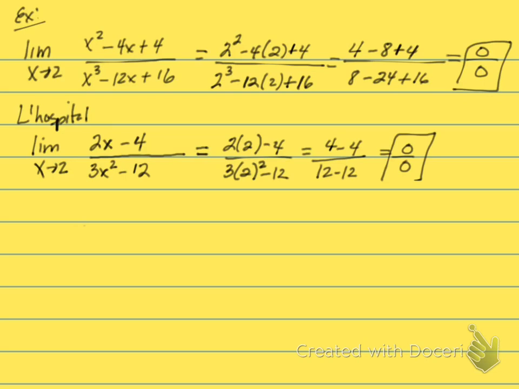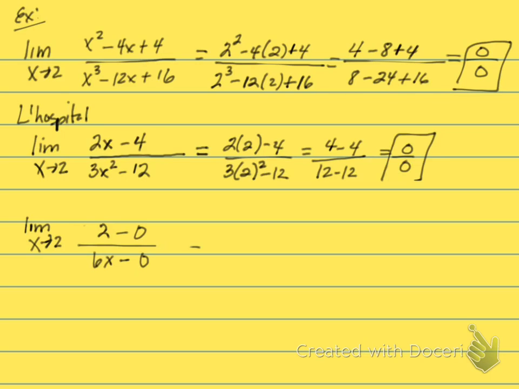So I'm going to have to use L'Hopital's rule again. So I'm going to take the derivative of the previous derivative I took. So I have the derivative of 2x, which is 2, minus the derivative of 4, which is 0, over the derivative of 3x squared, which is 6x, minus the derivative of 12, which is 0.